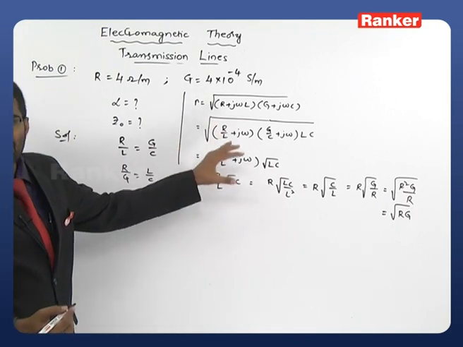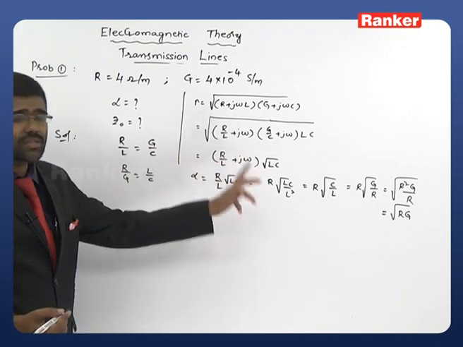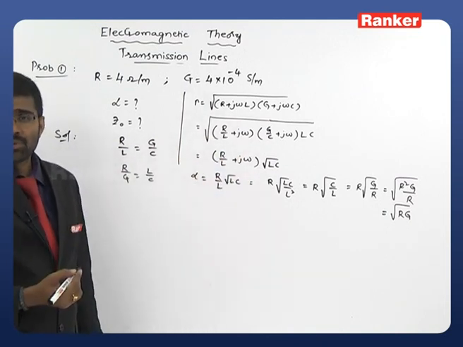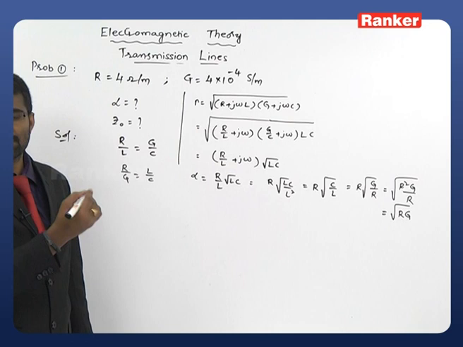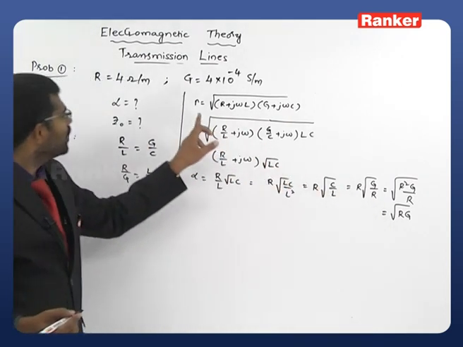I used a little bit lengthy method, but you can modify all these equations within your mind. Don't put them on paper. Simply root RG is the value of our alpha.